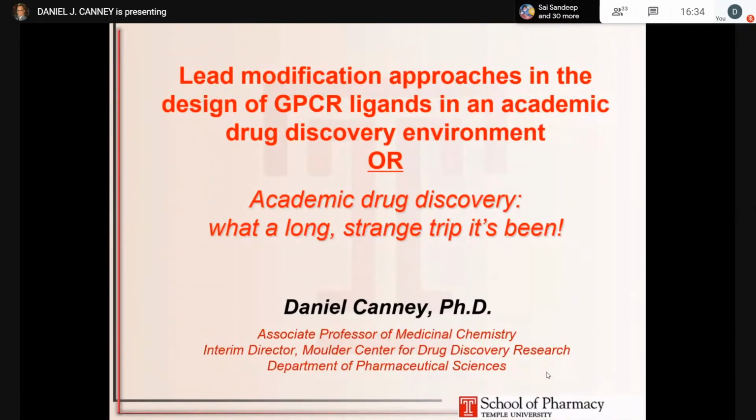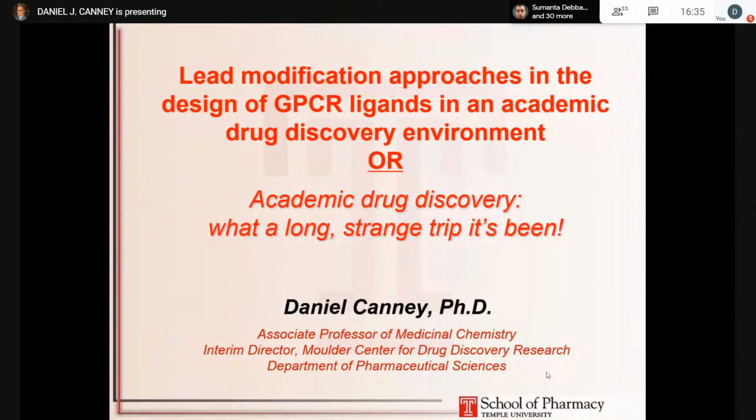That's one of the things I want to talk about: we have a new drug discovery center. It's no longer new, but in my mind, it is new. I've been at Temple for about 25, 26 years. The center's been there for about 10.